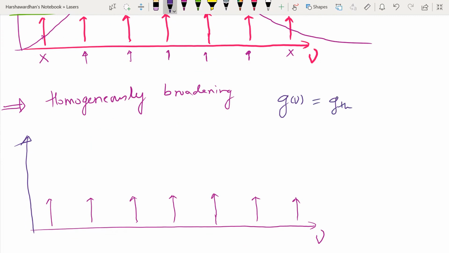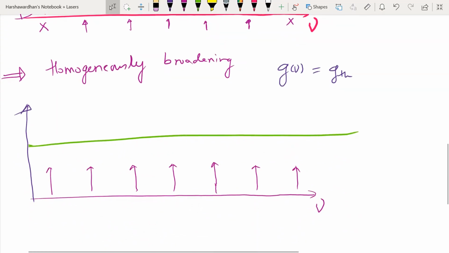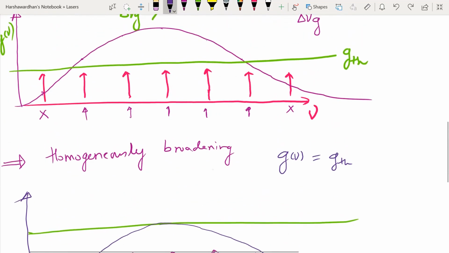What that means is that if this is my threshold value, then the same gain curve which I had plotted on the top is now going to get saturated, and you would get a gain curve of this kind, and this has a tremendous physical consequence.